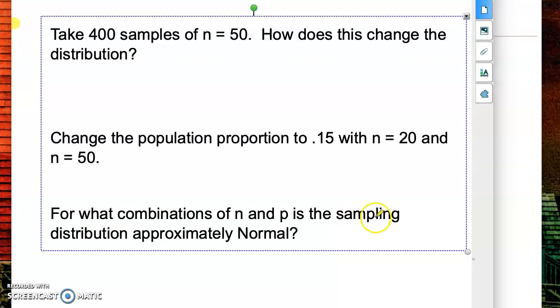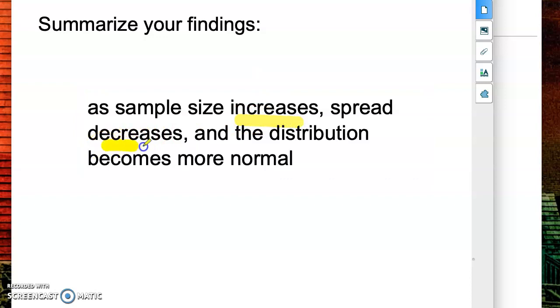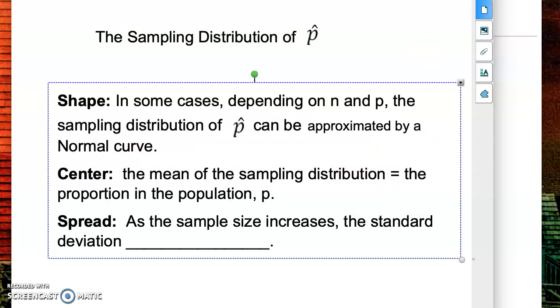Okay, so for what combinations of n and p is the distribution approximately normal? And summarize our findings. So before I go to what I was just talking about, let's look at this. As the sample size increases, the spread decreases, and the distribution becomes more normal. So that's what we've noticed. Okay, the sampling distribution, in some cases, depending on n and p, the sampling distribution of p hat, the sampling distribution of the sample proportion, can be approximated by a normal curve, which means we can use normal probabilities to solve problems.